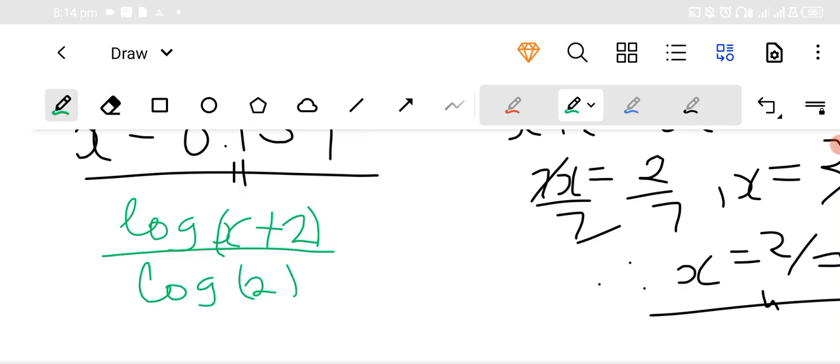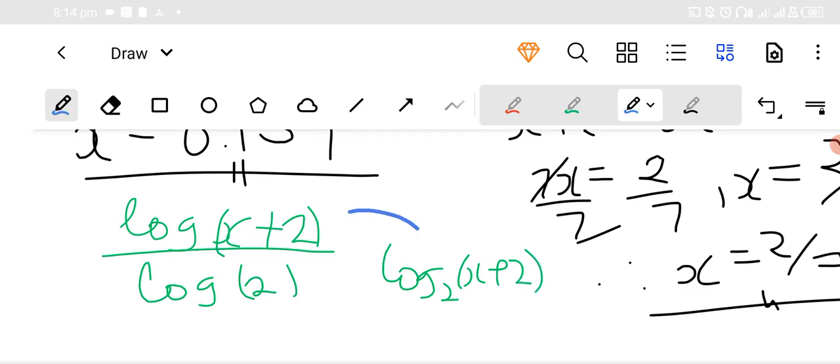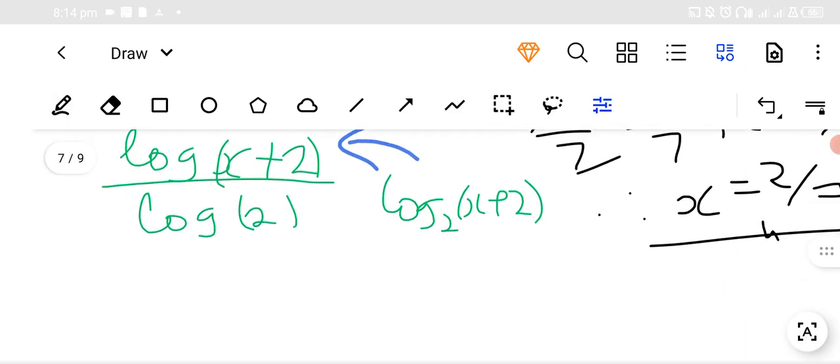So the log base 2 of x plus 2 became like that. Change of base formula.